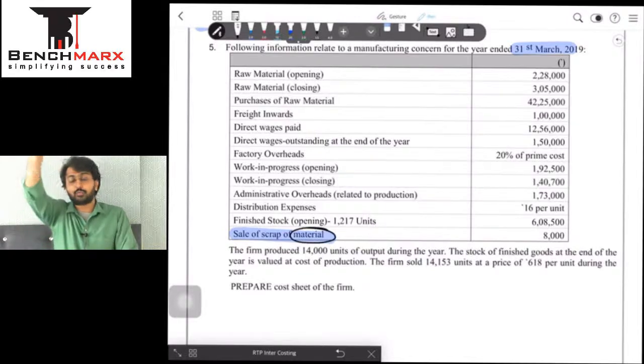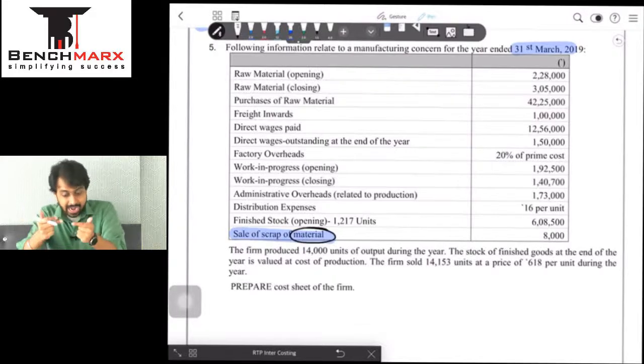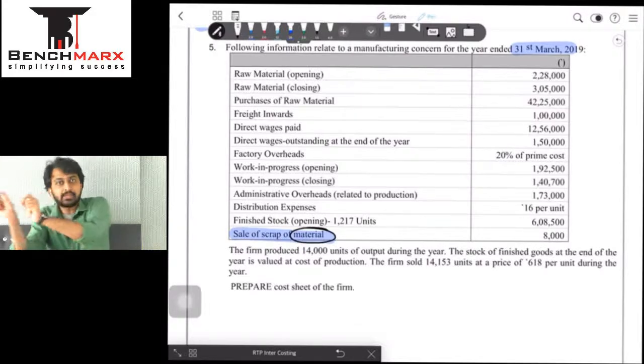That is my first point of cost sheet, that is RMC, raw material consumed. I will adjust this within RMC and I will not wait till the COP adjustment, because had it simply been mentioned sale of scrap, then in that case I will add my admin cost production based and subtract sale of scrap and show net in the outer column.